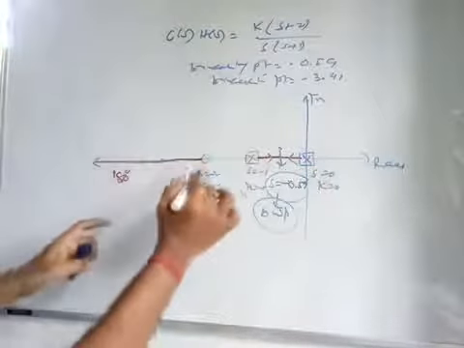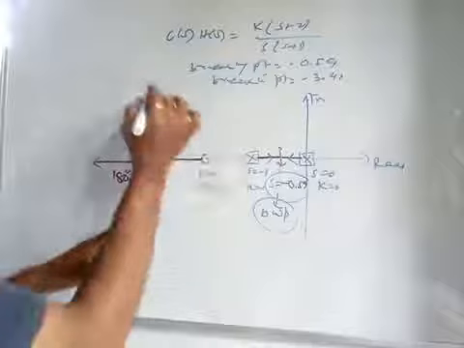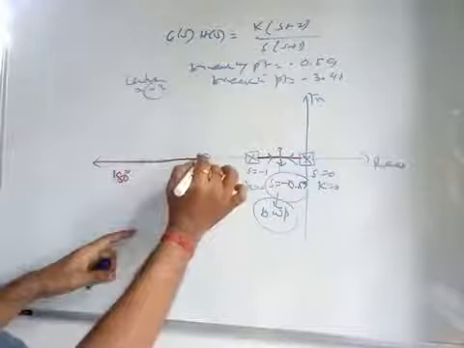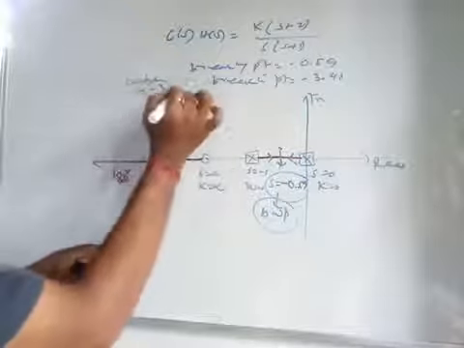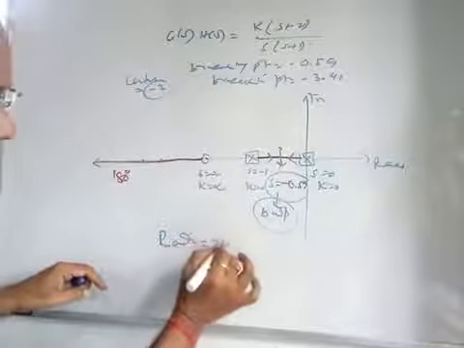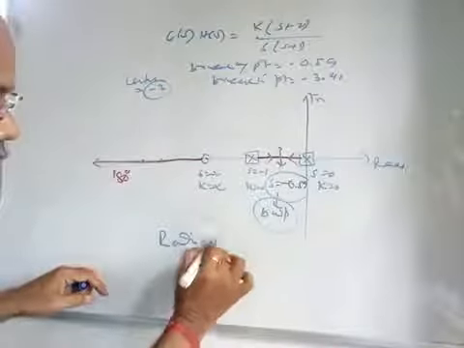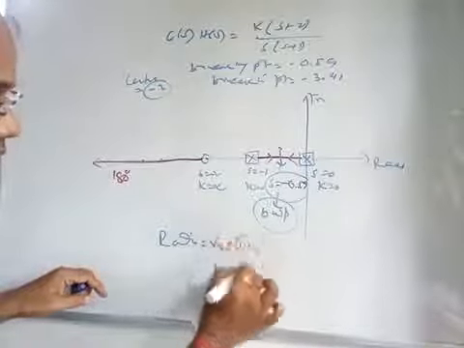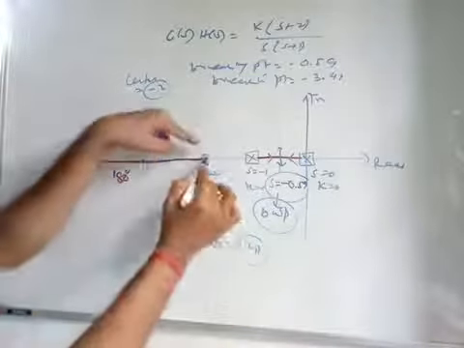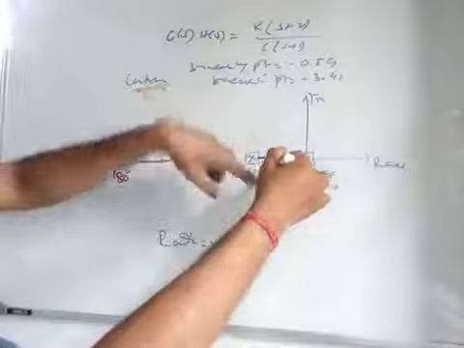Now, the center of the circle is at -2, and the radius of the circle is √2, that is 1.41. So from the center, this point is -0.59.